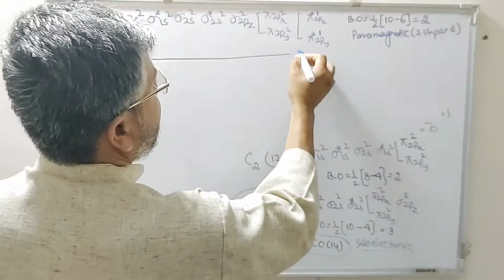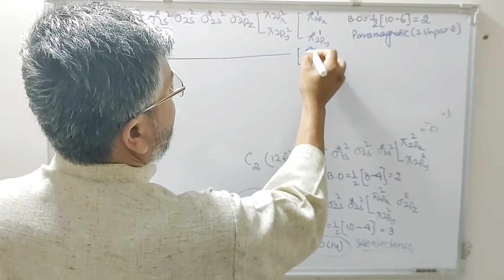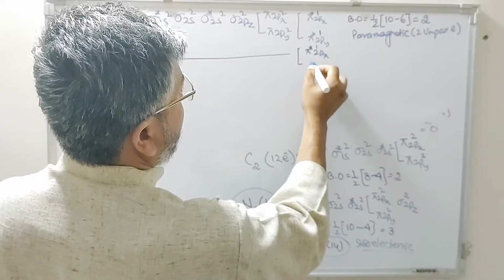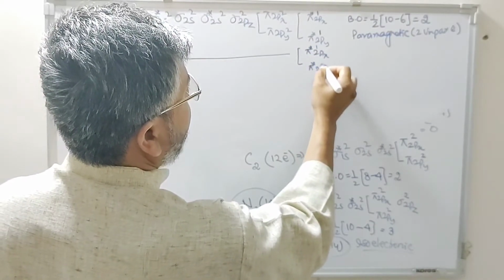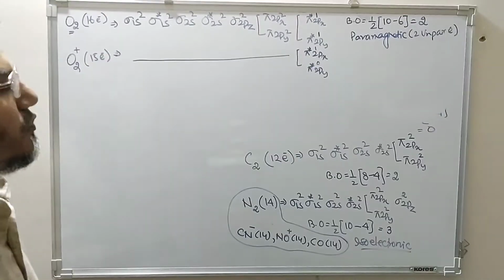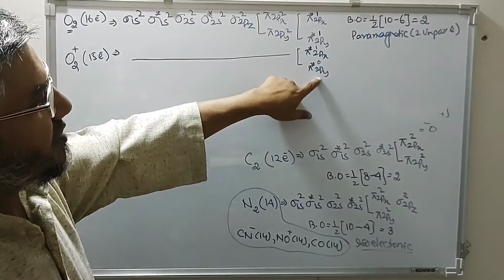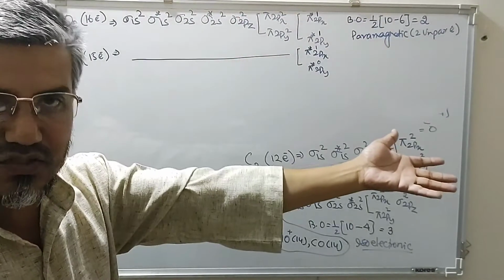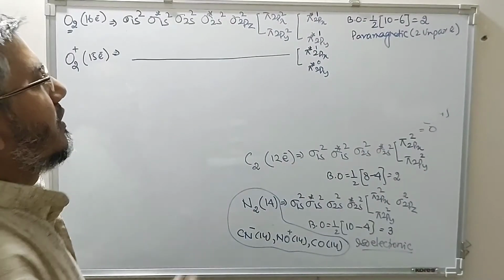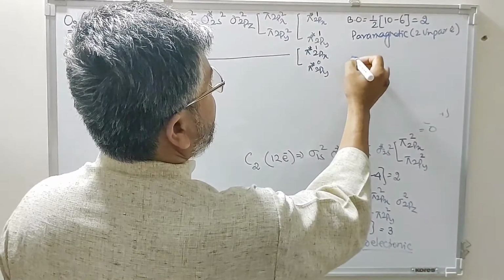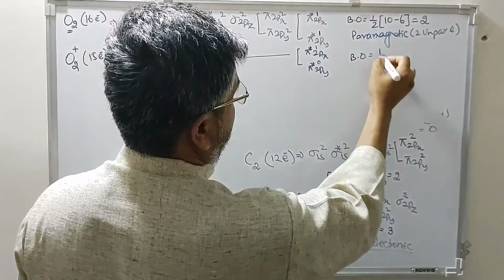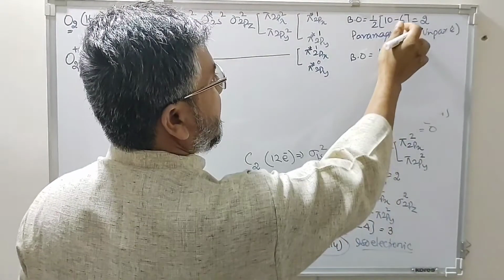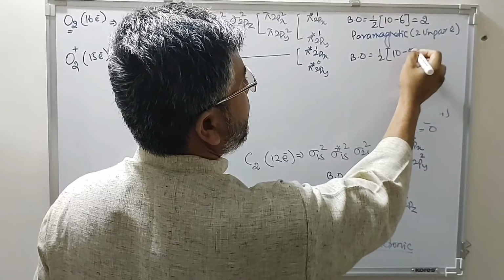Then for the last one, since we are removing electrons, pi star 2px will have 1 electron and pi star 2py will have 0 electrons, or we can say pi star 2py has 1 electron and pi star 2px has 0 electrons. For bond order, the number of electrons in bonding is as it is, and we are removing electrons from anti-bonding, so this becomes 5.